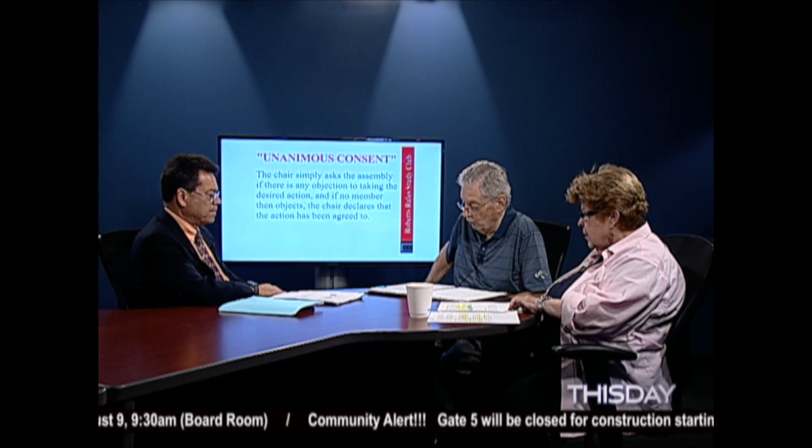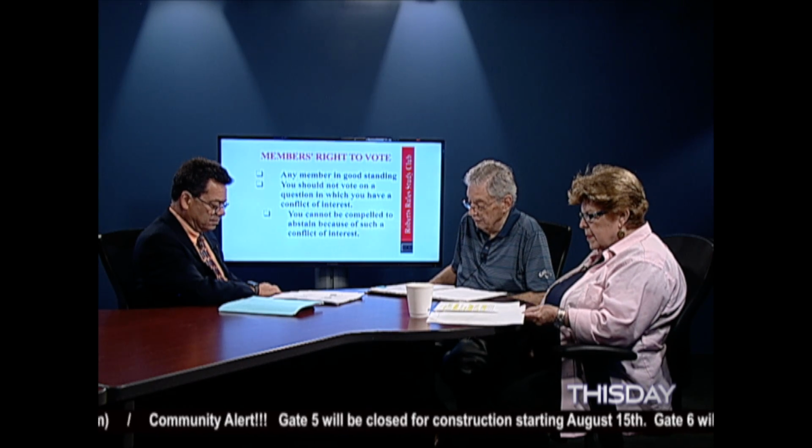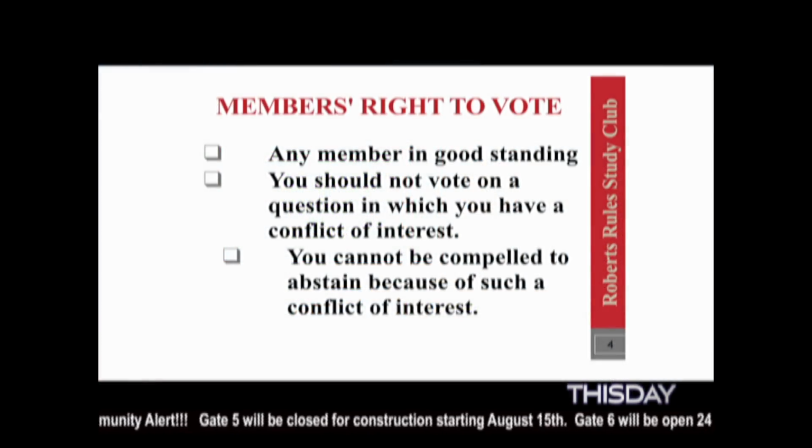And members' right to vote. Any member in good standing should not vote on a question in which you have a conflict of interest. You cannot be compelled to abstain because of such a conflict.